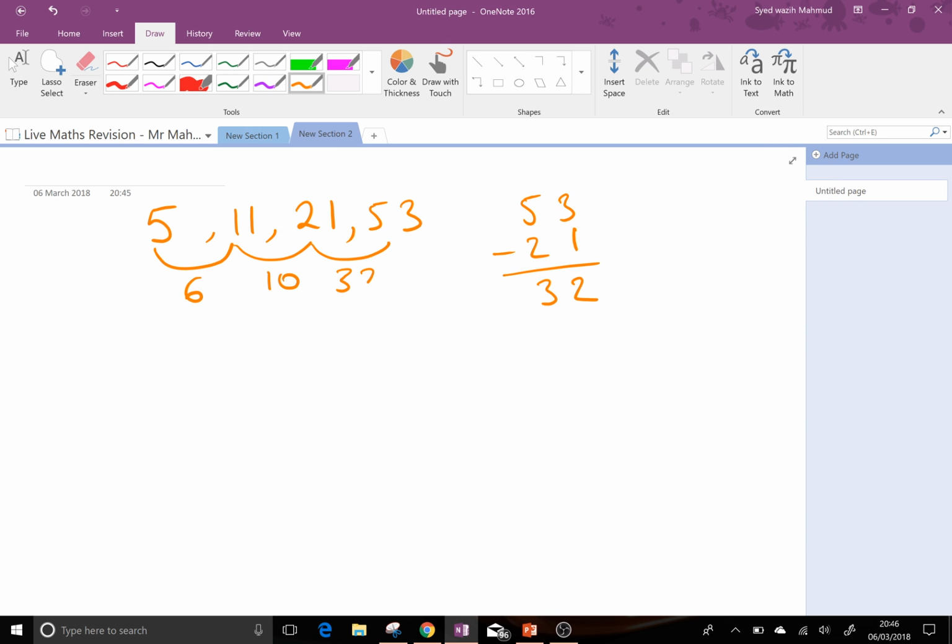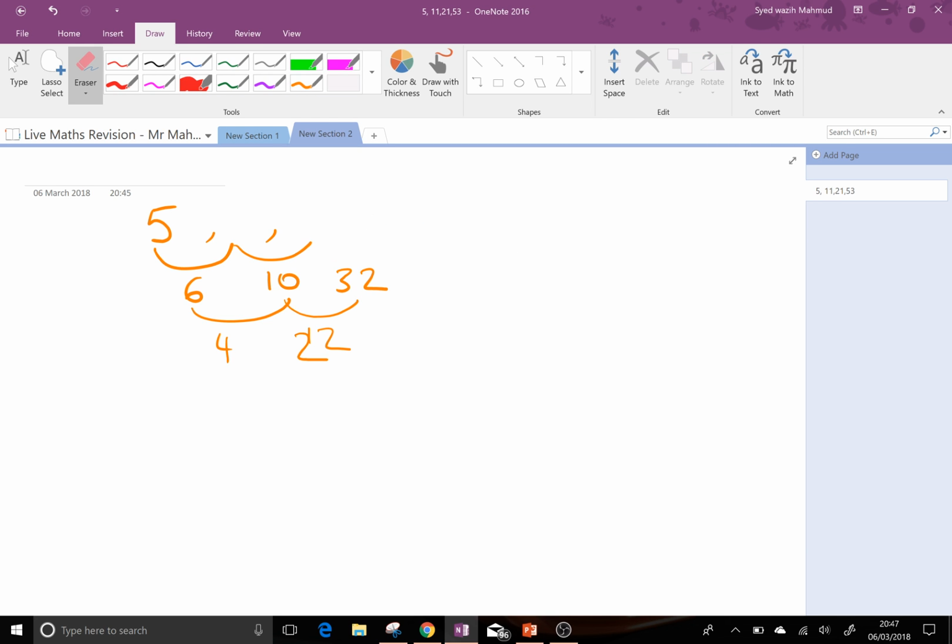Okay, always check. Now first difference is all different, so let's have a go at the second difference. Is 4, 12, 22. Now I think I made a mistake on the question, so I'll just quickly go and check the question. So let's get rid of all that.